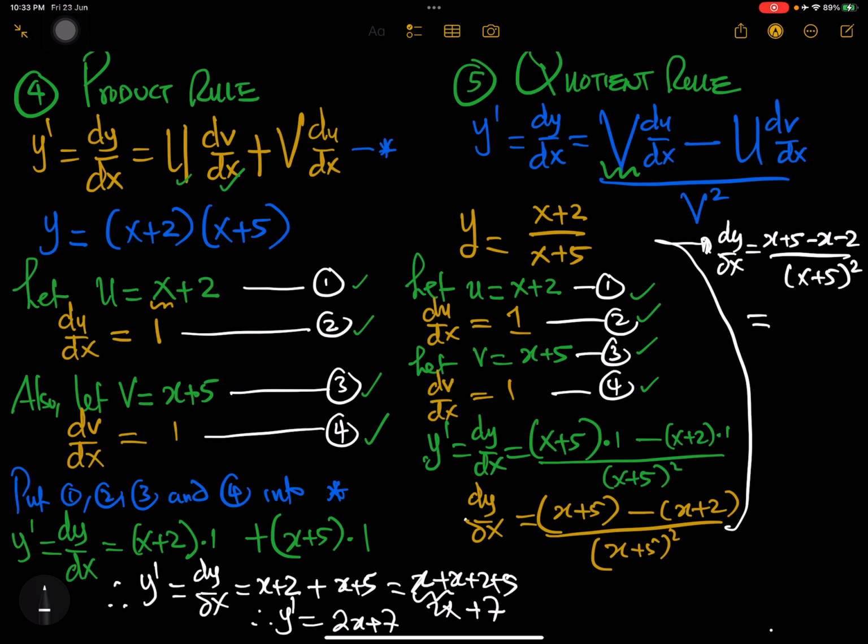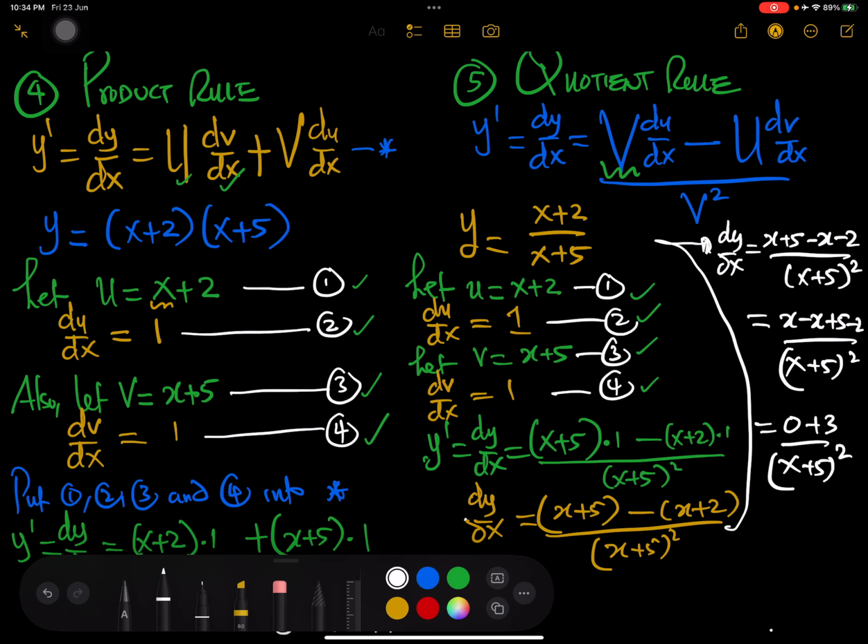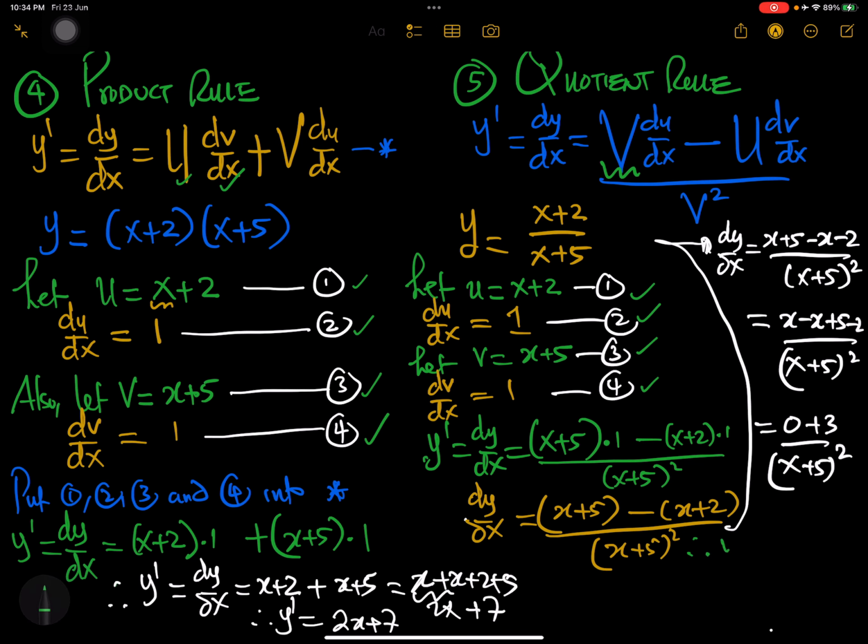This is going to give us x minus x plus 5 minus 2, all divided by x plus 5 all squared. This is going to give us 0 plus 3 divided by x plus 5 all squared. So now we can see that our y prime, which is dy/dx, is the same as 3 divided by x plus 5 all squared.